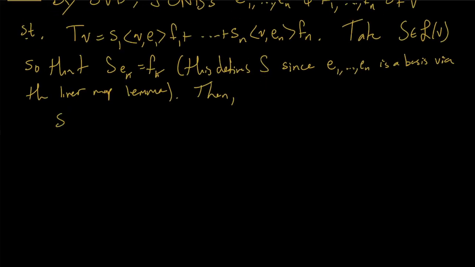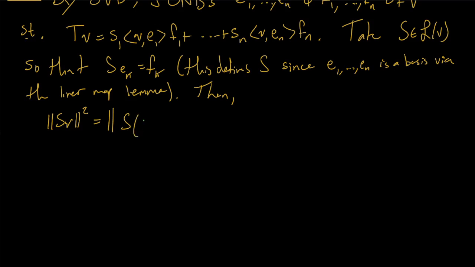Okay, check this out. The norm of Sv squared is equal to, well, let's just go through it. Nothing crazy. All we got to do is write v in terms of the basis and then apply S to it. So here, I'll write this out really quick.